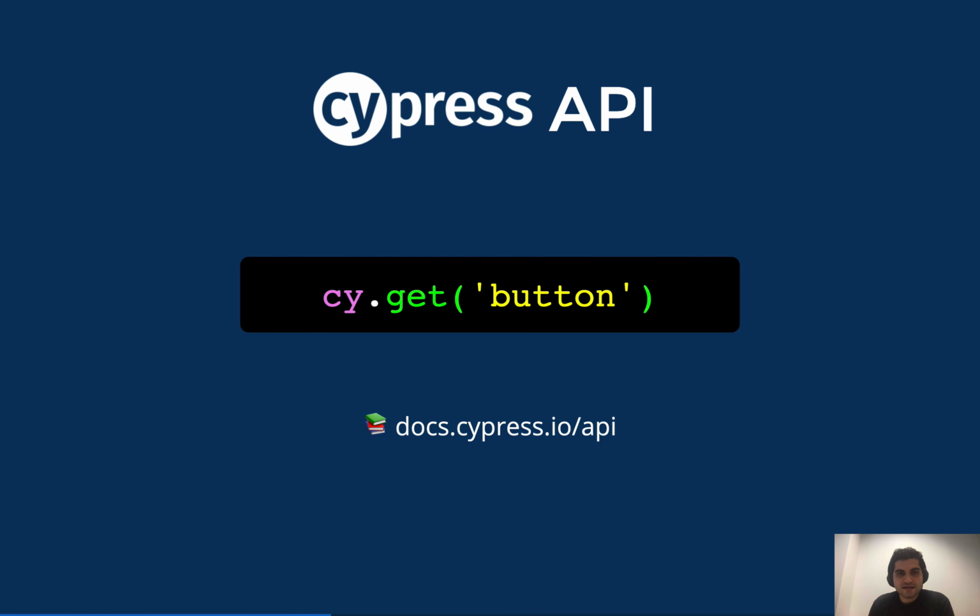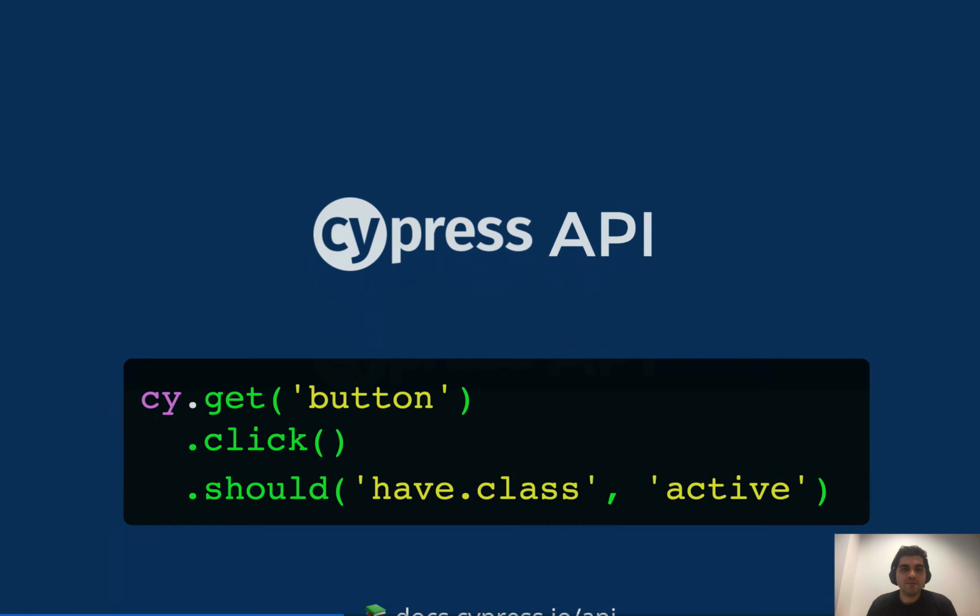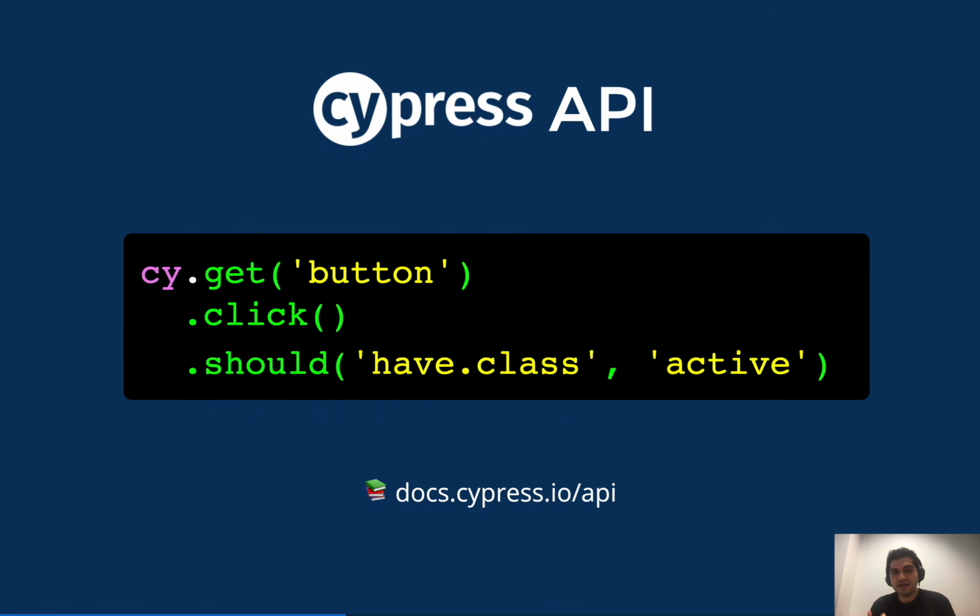So let's take a look at an example. We can use this get command to get an element on the page, for example, a button. And once we get this button, we can make actions against it and also make assertions against it. So for example here, I'm getting the button, I'm clicking the button, then I'm making an assertion that this button now has a particular class.